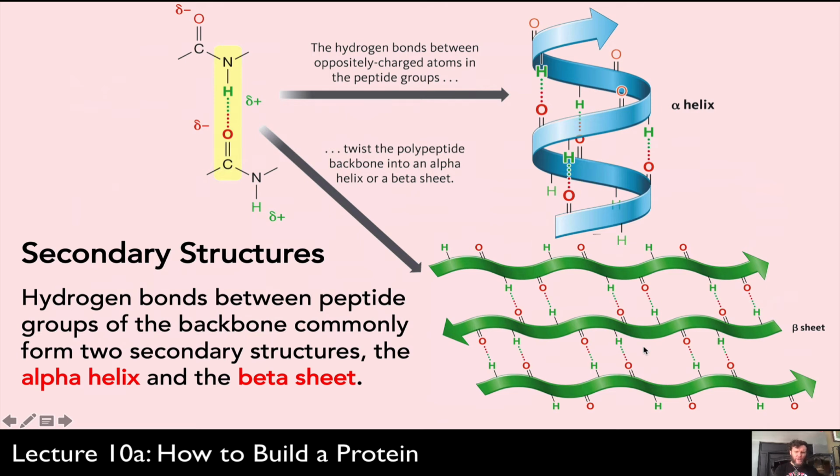On the other hand, we have beta sheets, and there are these long sheets that also have a similar hydrogen bonding pattern, but it's not in a spiral. You can think of it more like corrugated metal for a roof or something like that.